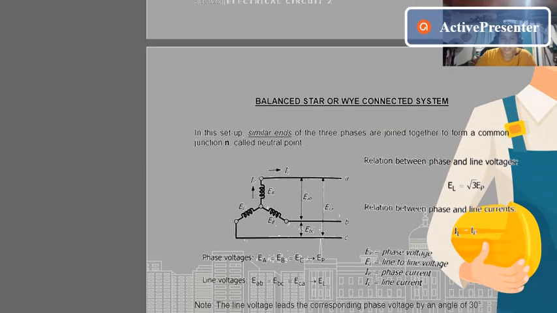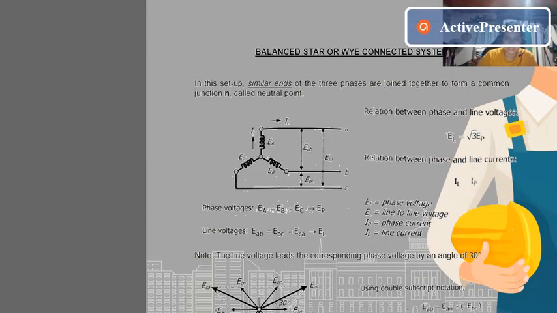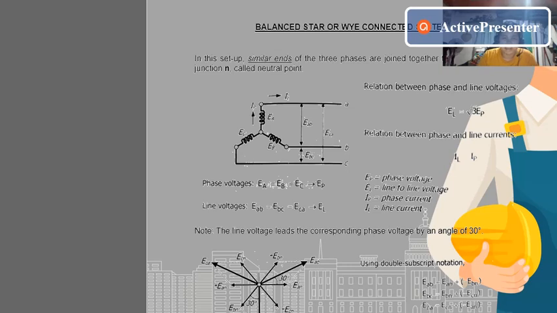So sa atong AC three-phase circuit, we have a balanced star or Y connected system. In this setup, similar ends of the three phases are joined together to form a common junction N called the neutral point.